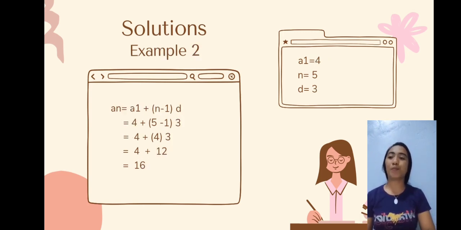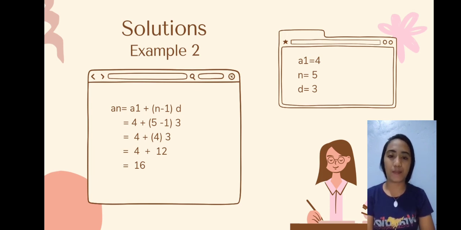And then next, we will proceed to example number 2. So a1, which is the first term, is equals to 4. And then the same, we will need to find out the fifth term. So n is equals to 5. And then the common difference, the second term minus the first term, is equals to 3. So we will plug again into our formula.